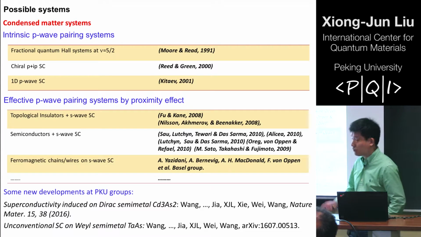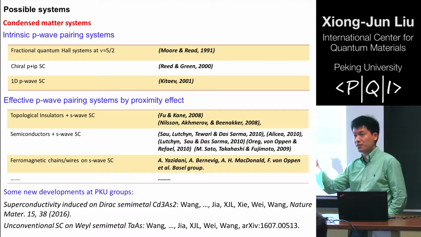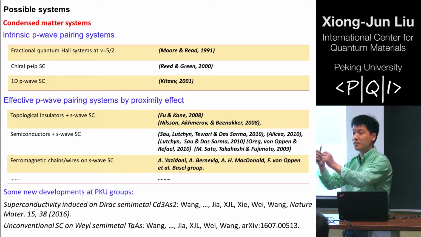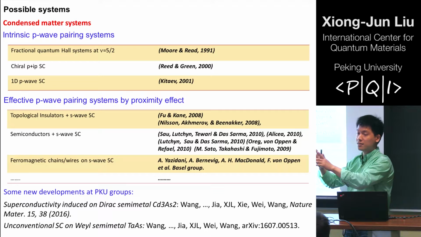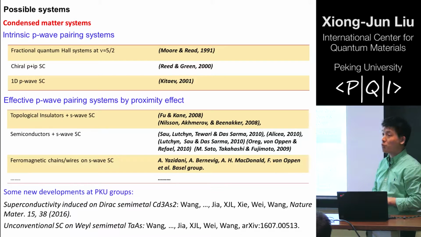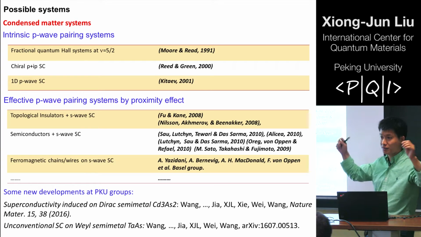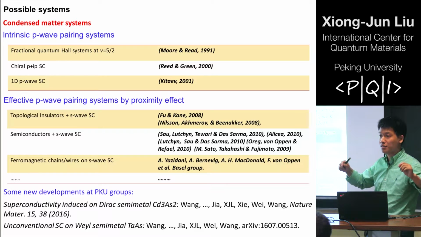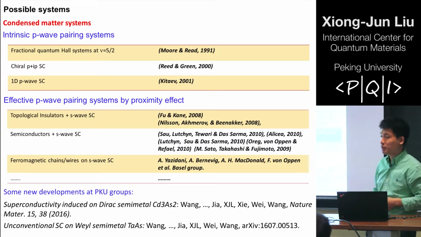But for the Dirac metal, each Dirac point actually has double degeneracy. You can see it as combined from two Weyl cones with opposite chirality. In that case, you have more possibilities to get different superconducting phases. It might be trivial or non-trivial. But in the Weyl semi-metal, personally, I think it can be more natural to get the non-trivial case.